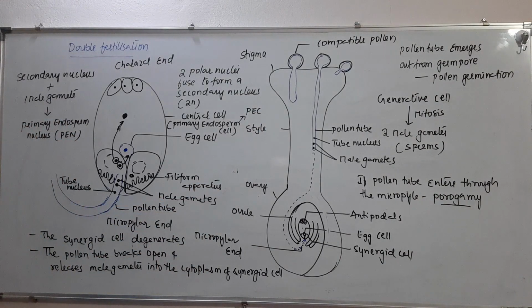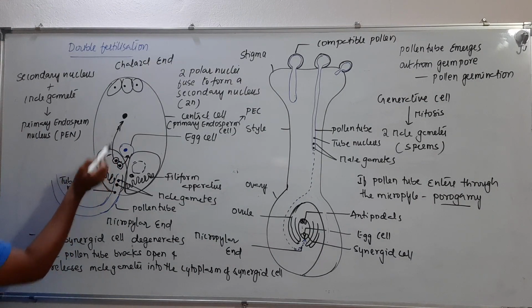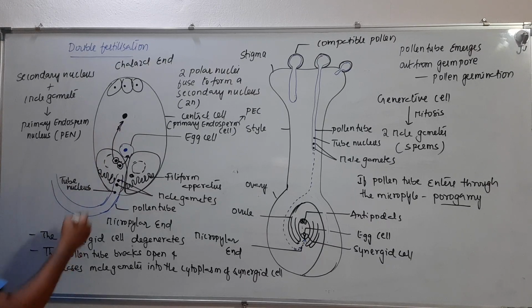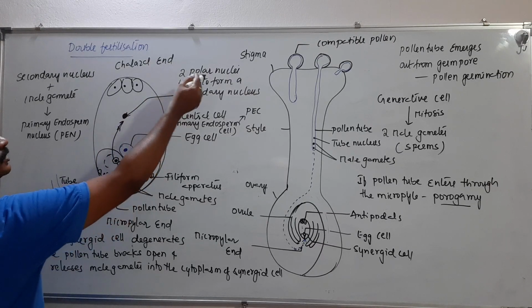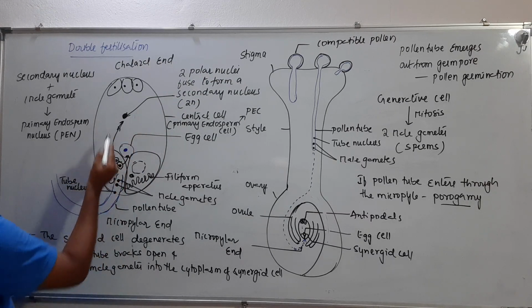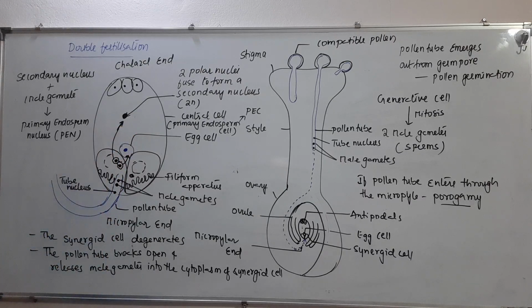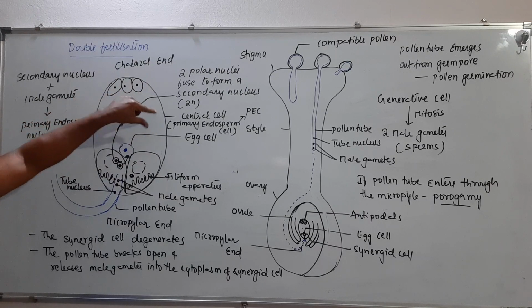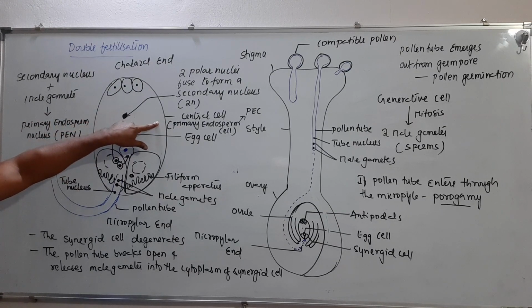So two polar nuclei fuse to form a secondary nucleus, to which one male gamete fuses, resulting in triple fusion, and that is the primary endosperm nucleus. The whole central cell is now called the primary endosperm cell.